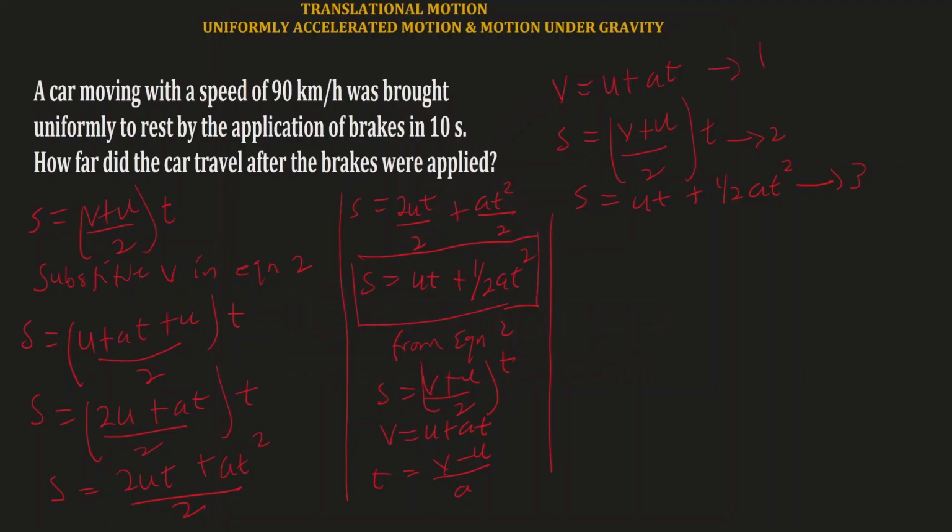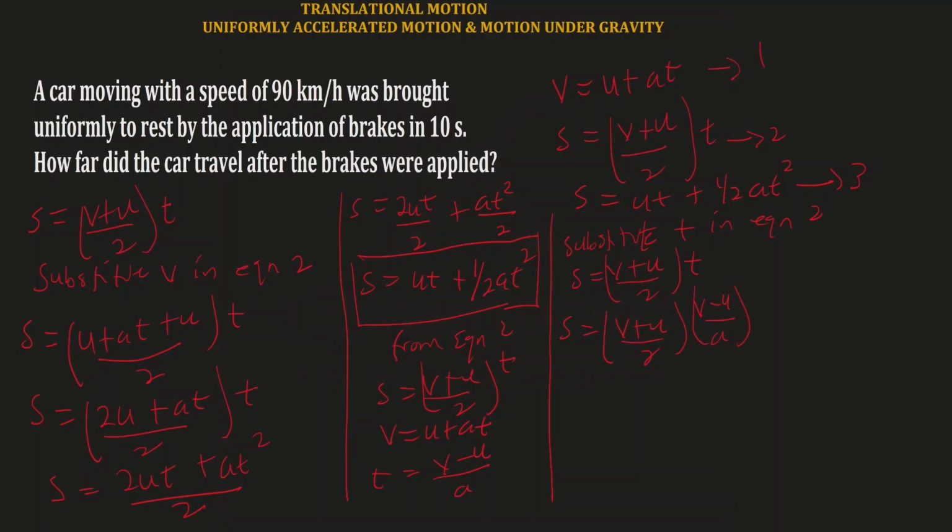Now what we'll do is substitute t in equation 2. So equation 2 says s is v plus u over 2 multiplied by t. If we substitute t in this, s is going to equal v plus u over 2 multiplied by v minus u over a, because that's the value of t.